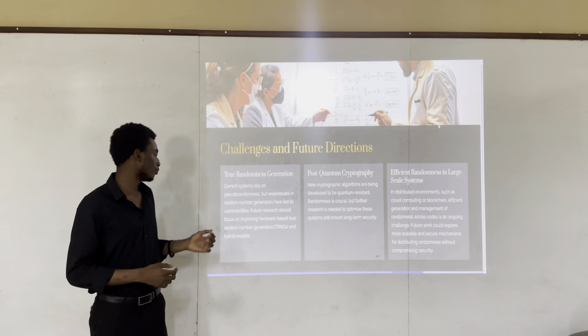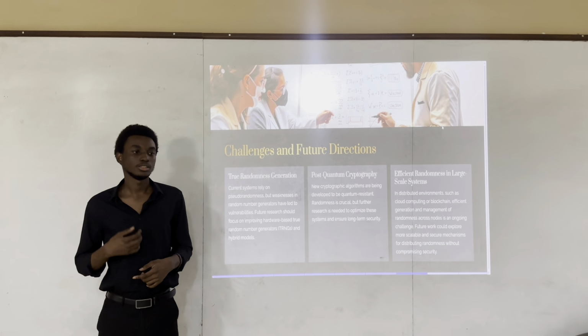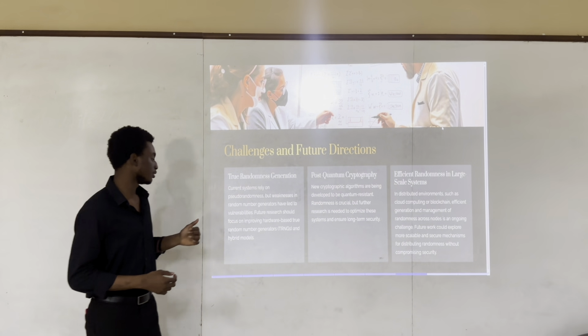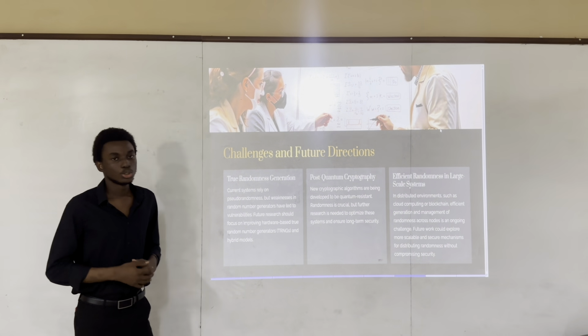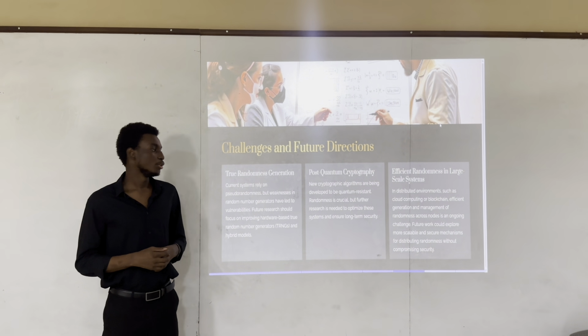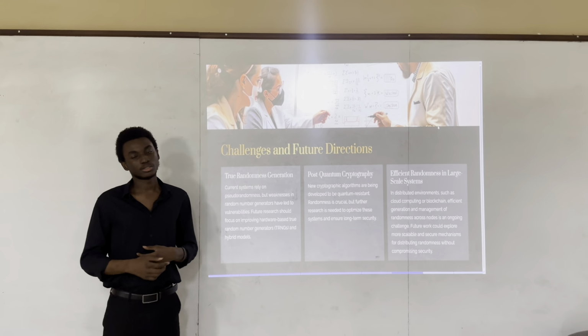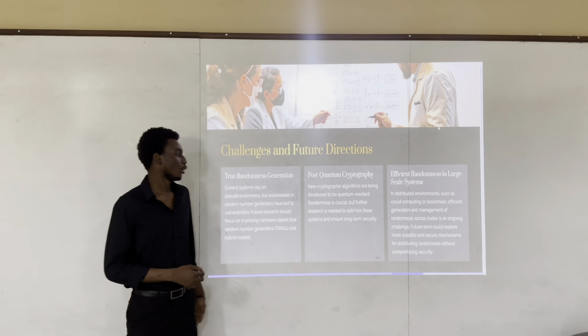Current systems often rely on pseudo-randomness, but weaknesses in random number generation have led to vulnerabilities in real-life applications, for example, the flaws in Bitcoin's ECDSA signature scheme. So future research should focus on improving hardware-based true random number generation and hybrid models combining both true and pseudo-randomness.